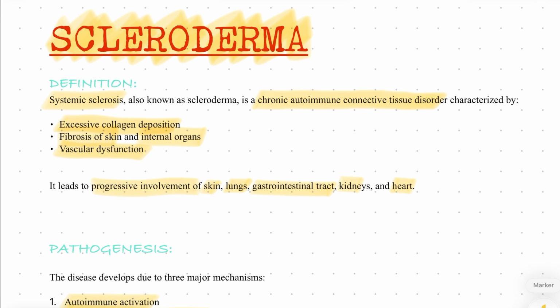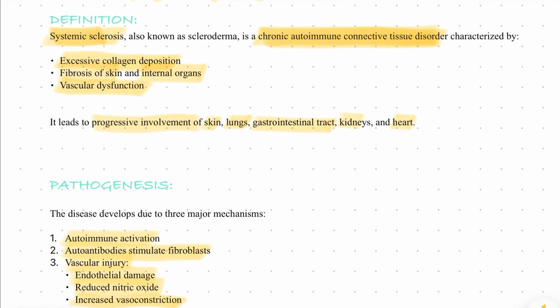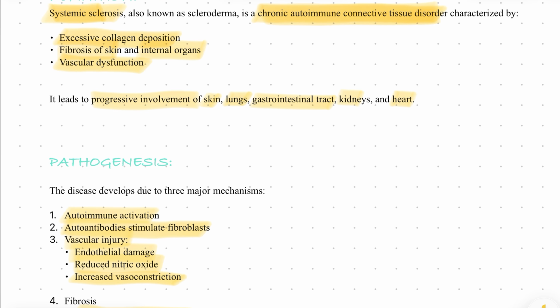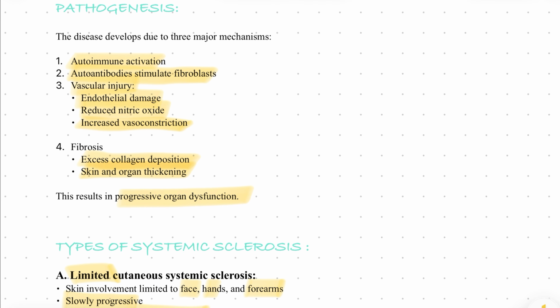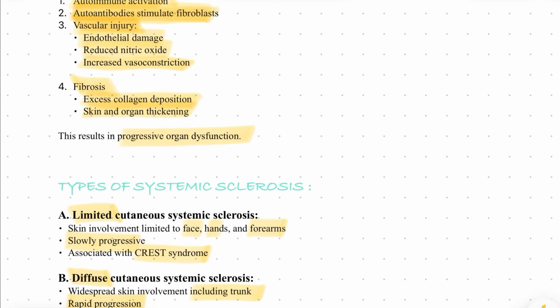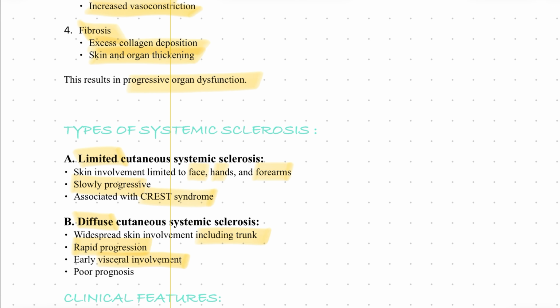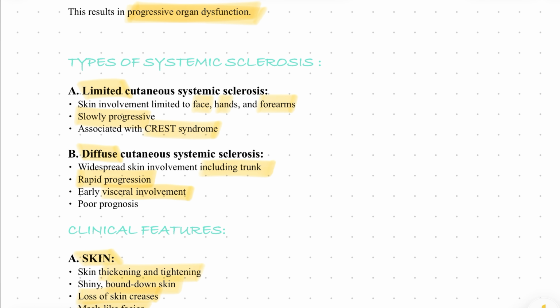Scleroderma, important topic in rheumatology. Definition goes like, it is also called systemic sclerosis, a chronic autoimmune connective tissue disorder, and we saw what it is characterized by, what leads to progressive involvement and other manifestations. Pathogenesis, we saw mainly autoimmune activation, autoantibodies, vascular injuries, then fibrosis, which leads to progressive organ dysfunction.